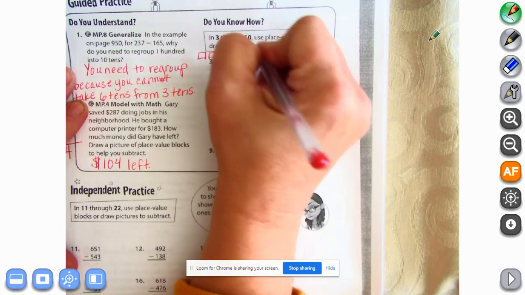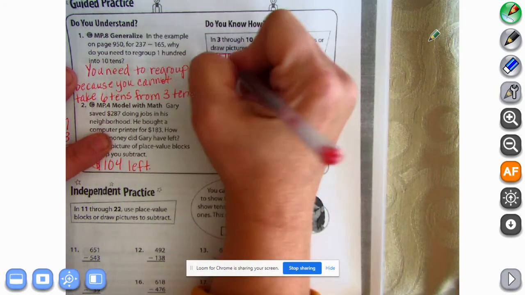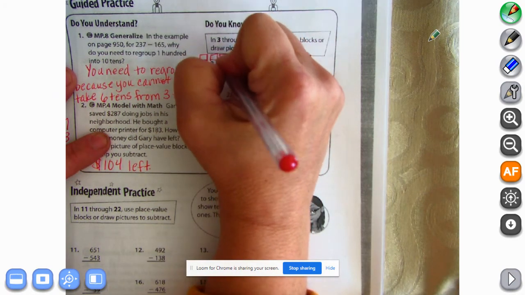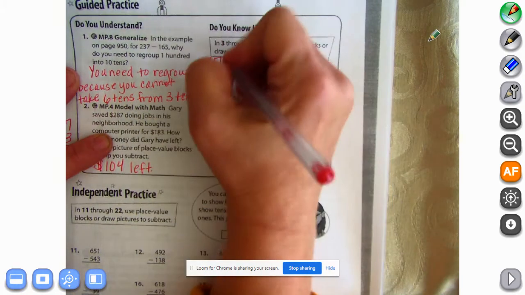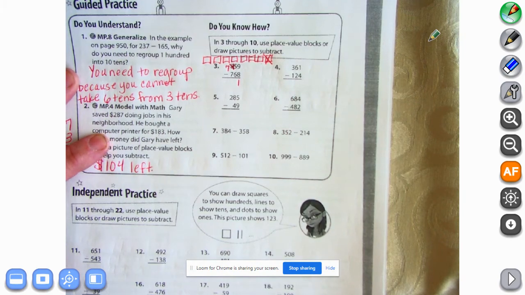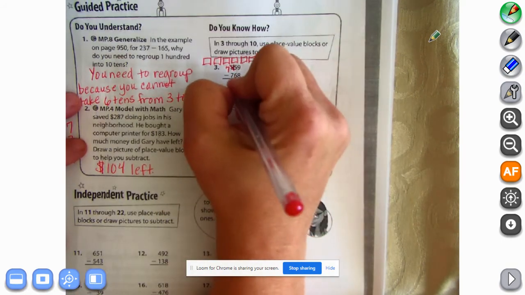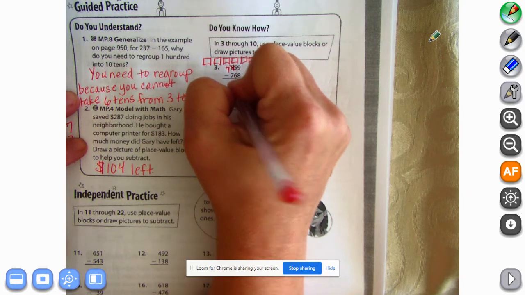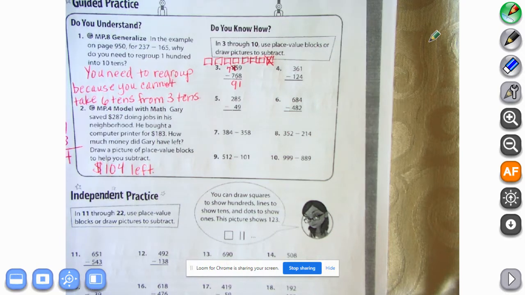And we're going to borrow just 1 and break that up into some tens. So what we do is we're going to cross off this one, leave it with 7 because that's how many are left. And we're going to take that group of 10 and regroup it as 15. So that 15 minus 6 is 9. And 7 minus 7 is 0. So our answer is 91.